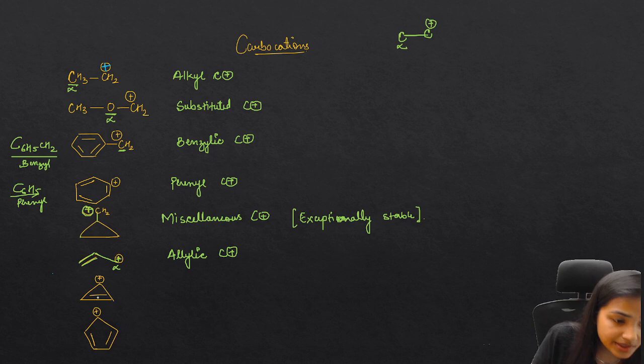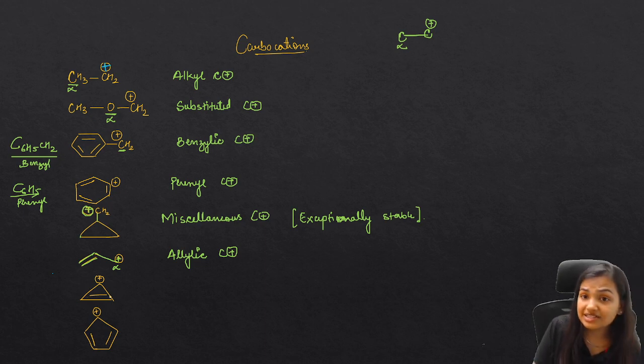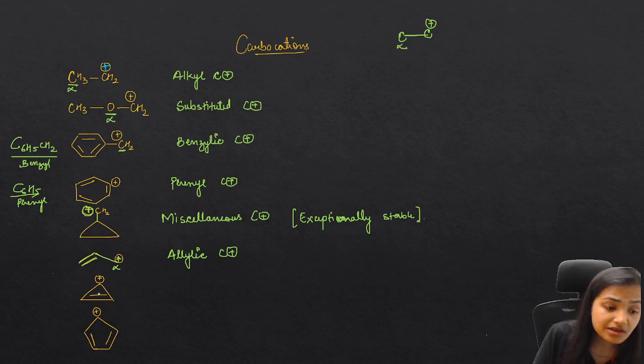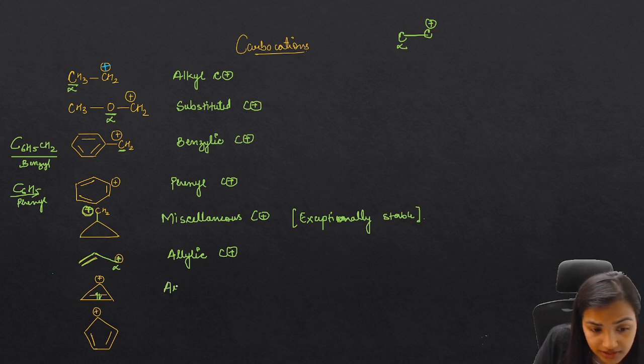Now here if you would see this, you will find that this is an aromatic ring. Figure it out, guys. This is a closed cyclic ring having a planar geometry. There is a delocalization of pi electrons. This is also obeying the Huckel rule. So considering all the factors, you will find that this is an aromatic carbocation.